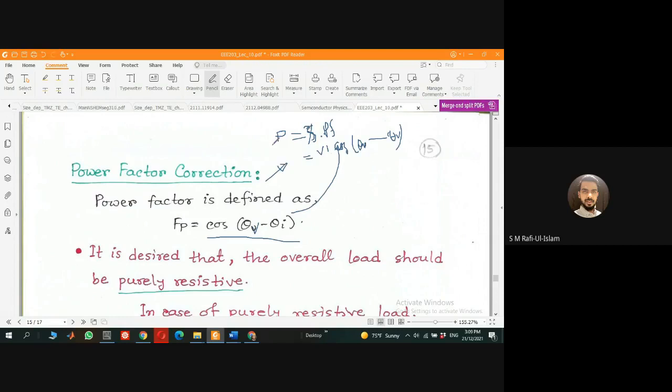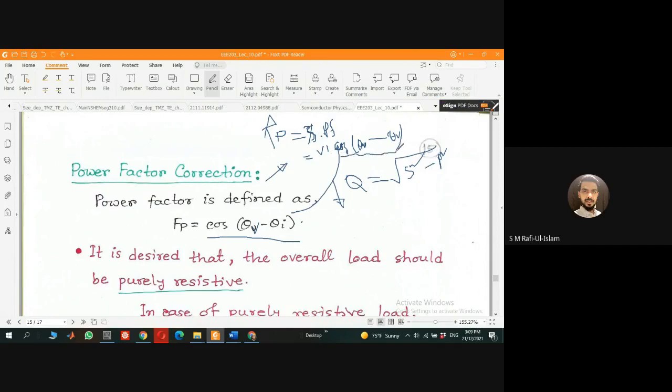If I get more real power for a given apparent power, we'll get less reactive power, because the reactive power formula is the square root of S square minus P square. So if I get more real power, then we'll get less reactive power. And how will I get more real power?